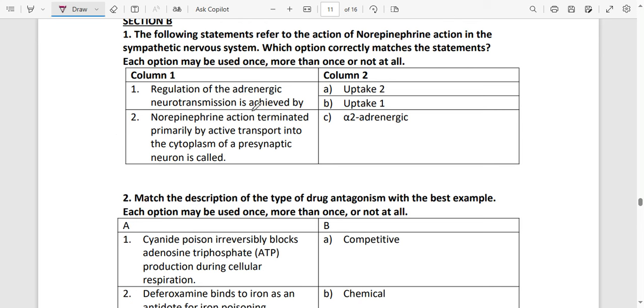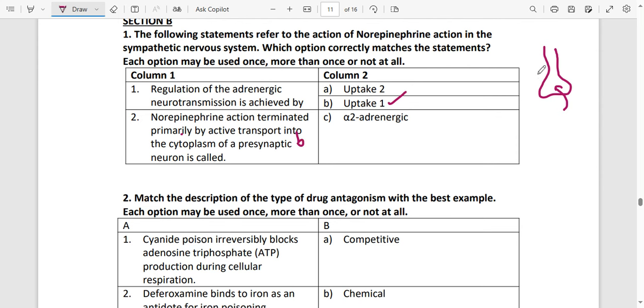Norepinephrine, after it has done its work, is going to be removed from the presynaptic cell, being taken back here. What is that called? Is it uptake 1, uptake 2, or alpha 2 adrenergic? Uptake 1, thank you. So this is B.